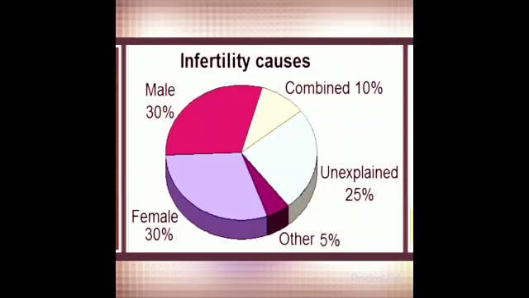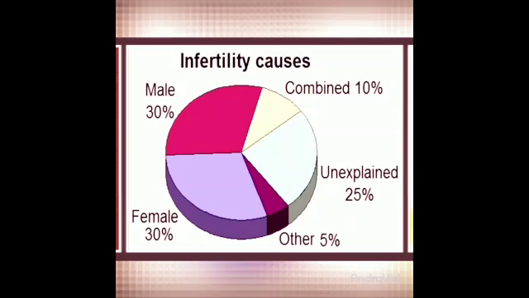Now let's focus on the infertility causes. What are the main causes of infertility? So here is a graph. Here you can see 30% female, 30% male. That means the cause of infertility is about 30% in males and 30% in females.